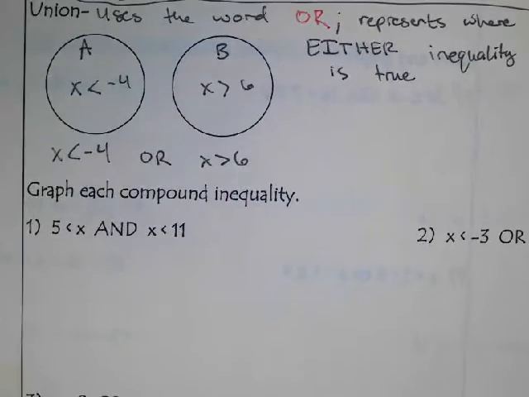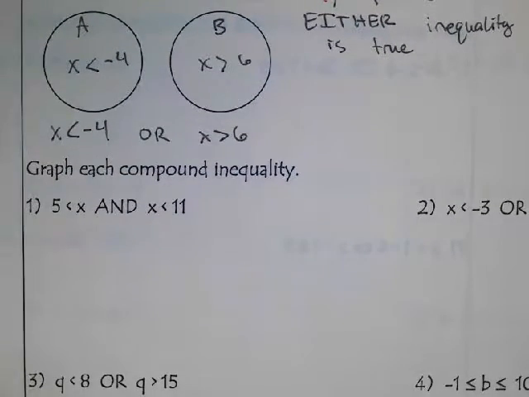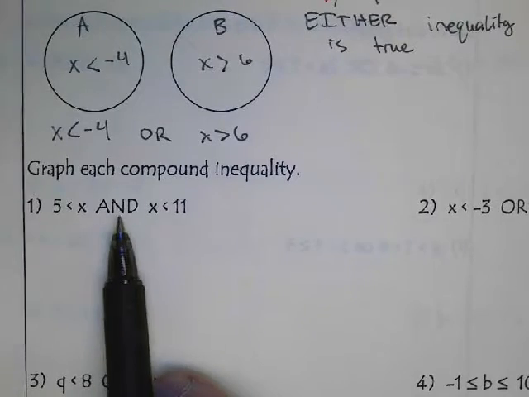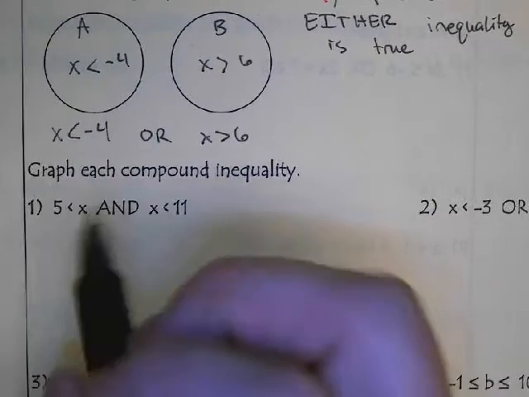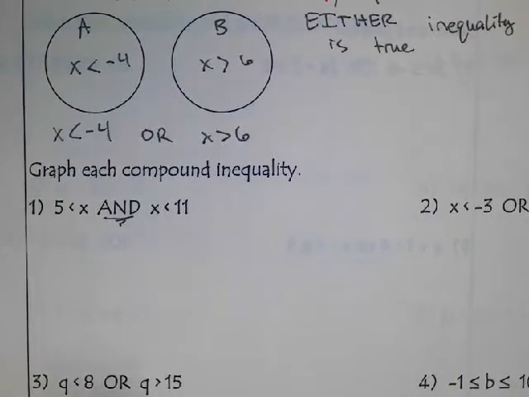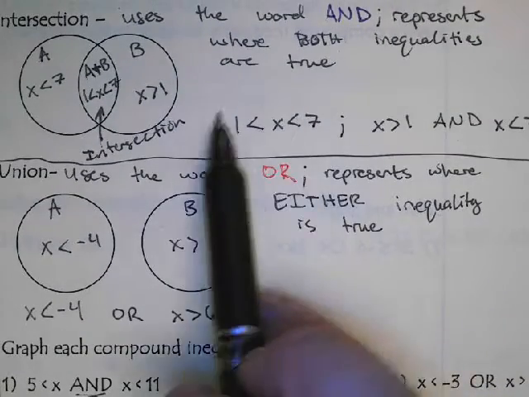Okay, so let's look at these and graph them. For graphing purposes, anytime there's an "and," it's best to try to write it as one singular inequality without any words, similar to 1 is less than x is less than 7.